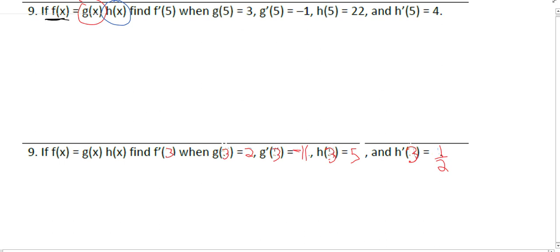They don't give you any variables x's, even though they tell you the function is defined for x. But what they do give you is function values.